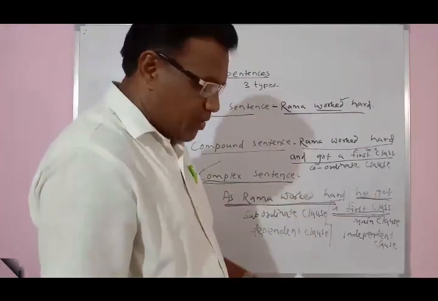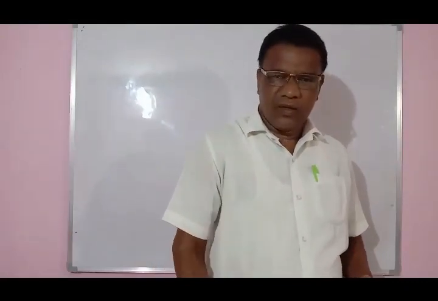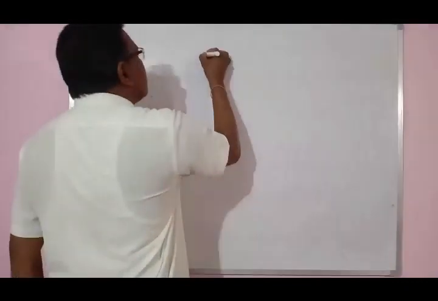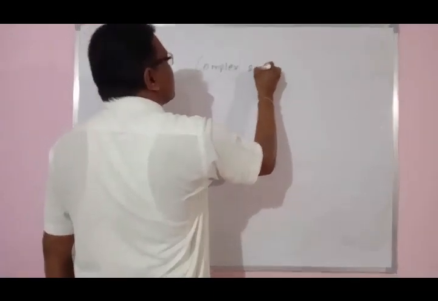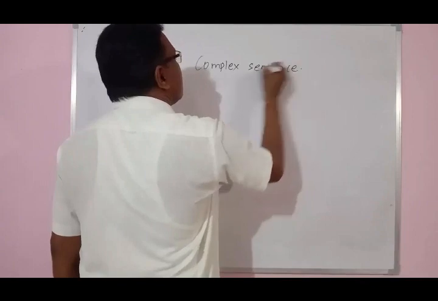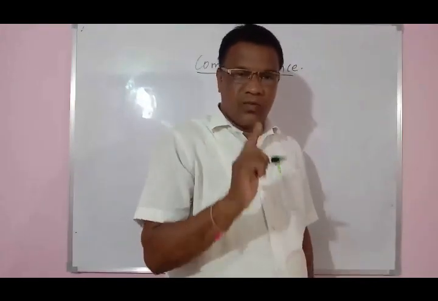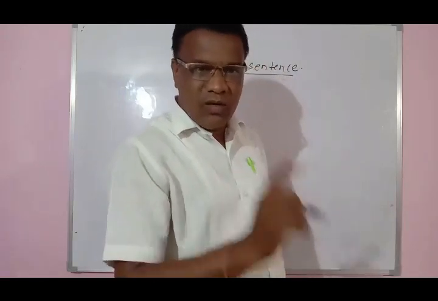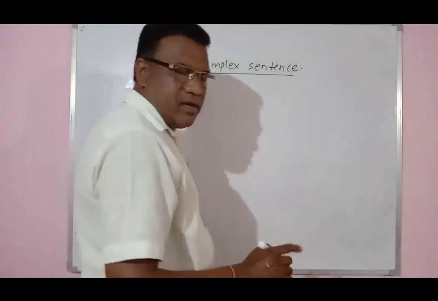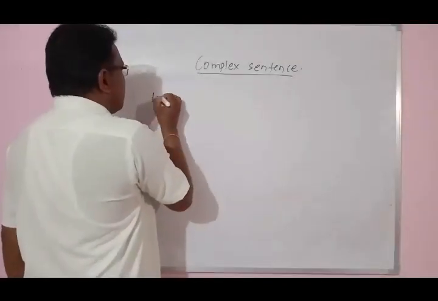Okay? So students, we are reading complex sentence. What is a complex sentence? The sentences consisting of only one main clause with one or more than one subordinate clauses are called as complex sentence. See some examples.